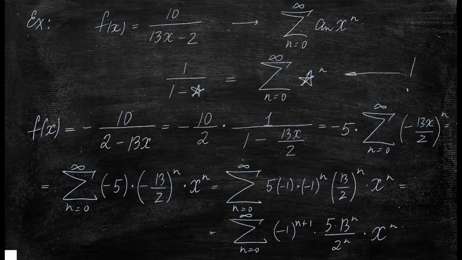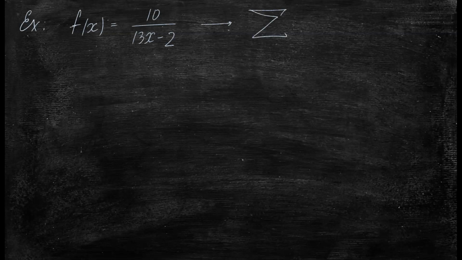Let's do another one. Let's actually take the same function, and this time let's write it as a series, but let's center it elsewhere. So let's, for example, center it at negative 1.